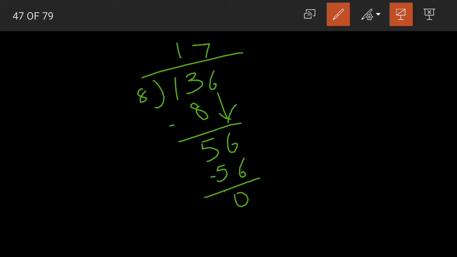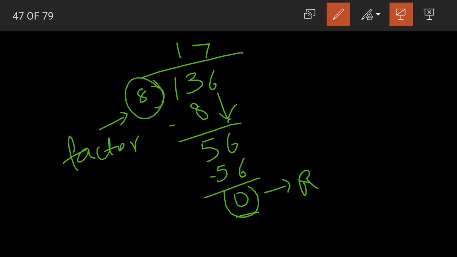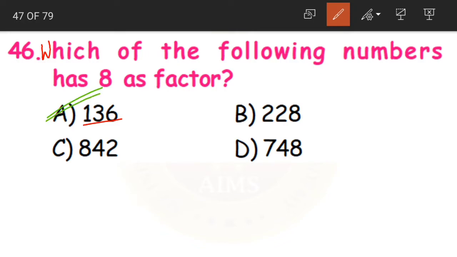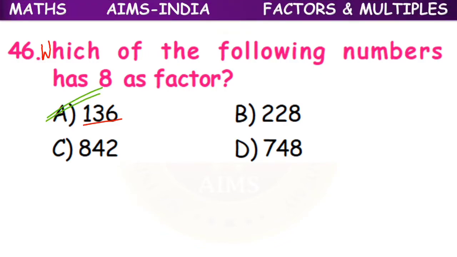When we subtract, 0 is our remainder. So 0 is a remainder. What does this mean? It means that 8 is a factor of 136. So option A, 136 becomes our correct answer. Yes. Suppose this was a wrong answer, then go for option B and divide. Again, if it is also wrong, go for option C and so on.